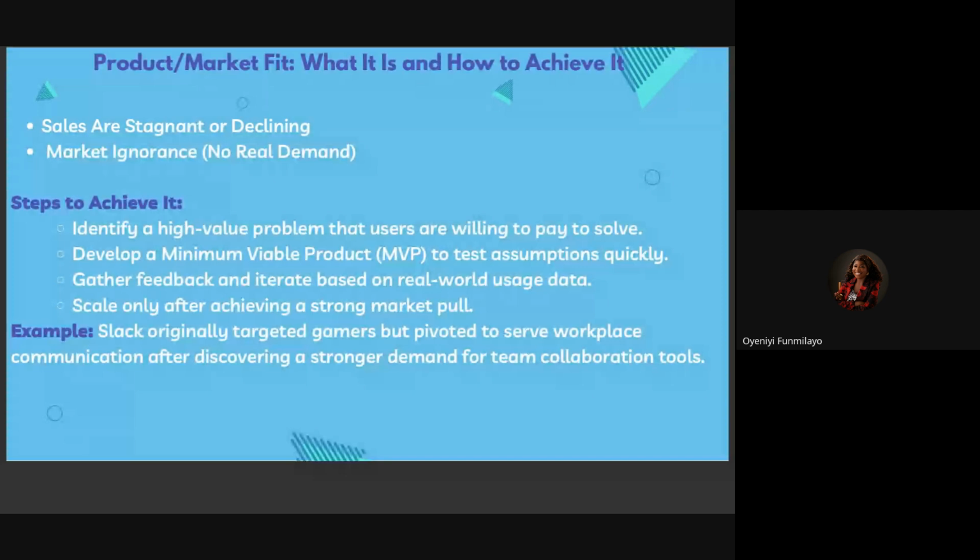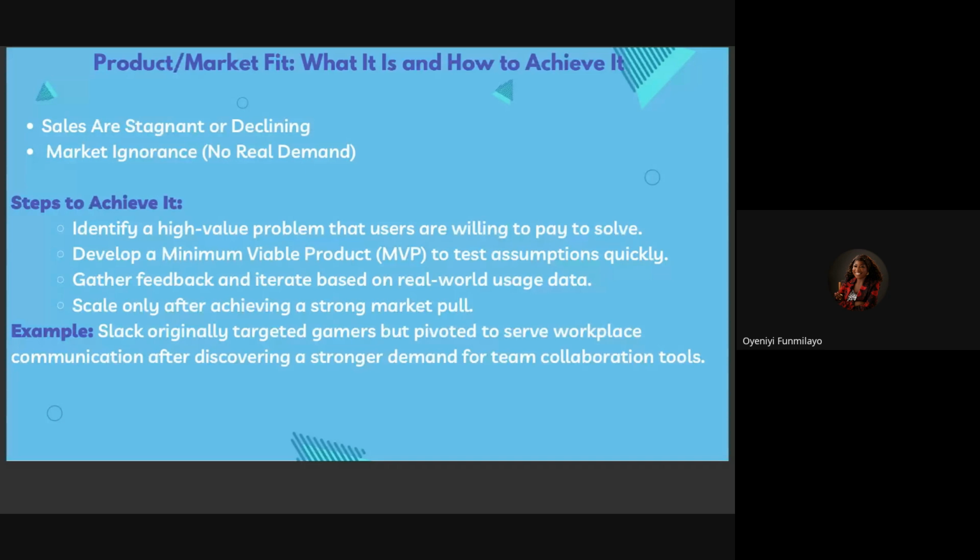So I gave an example of Slack. The Slack all of us are using today, what they originally wanted to do was to target gamers. That's what they wanted to do, right? But when they did their research and everything, they pivoted to serve workplace communication, because they realized that this game thing was not really a high value problem to people.